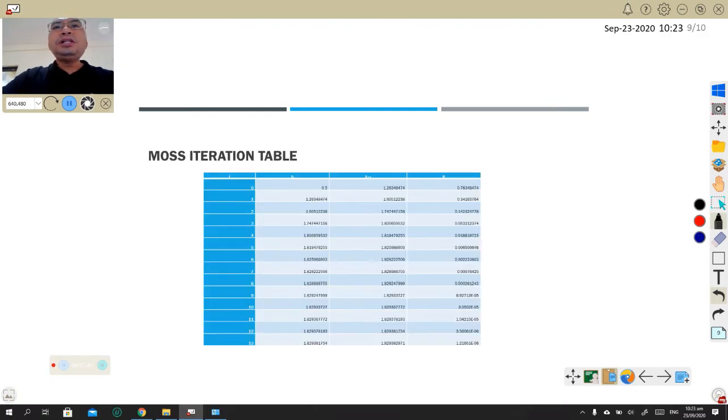So you will repeat the computation until the desired error e is achieved, which is 0.000001.